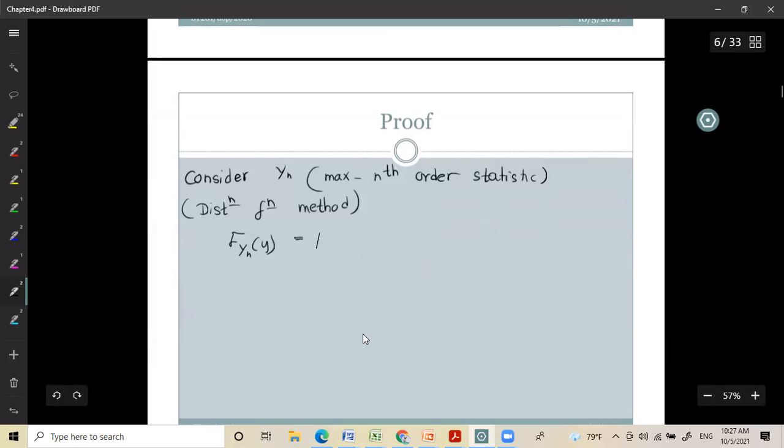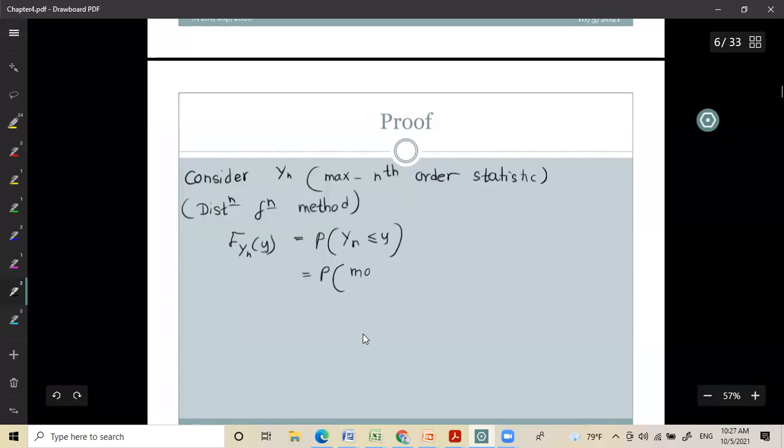What is the definition? Probability Yn is less than or equal to y. So this is just the definition of the CDF, right? Here's our random variable Yn, and its values are denoted as y. So Yn less than or equal to any y. But we know Yn is the maximum.